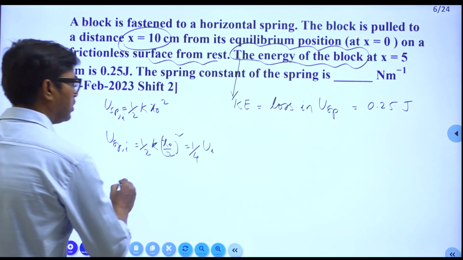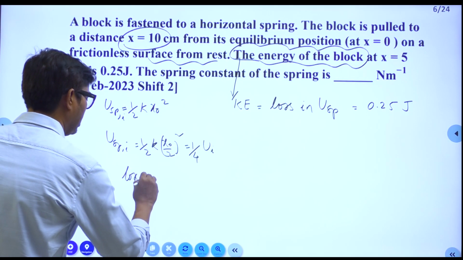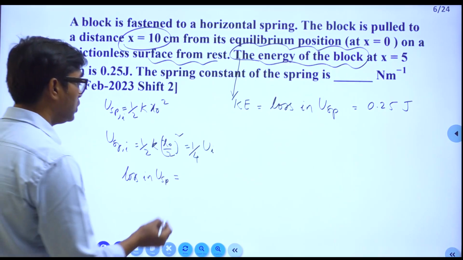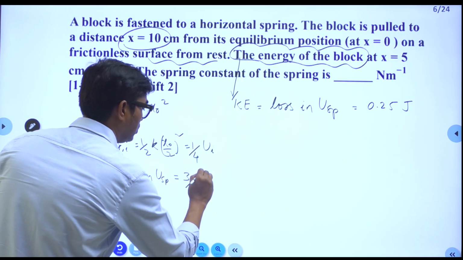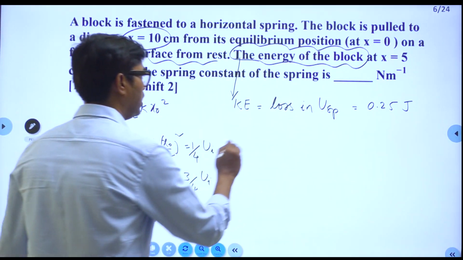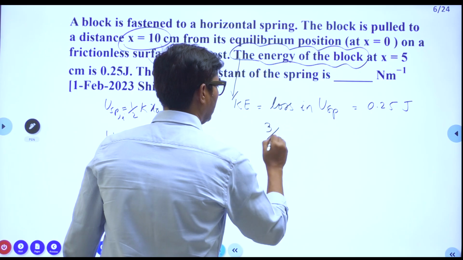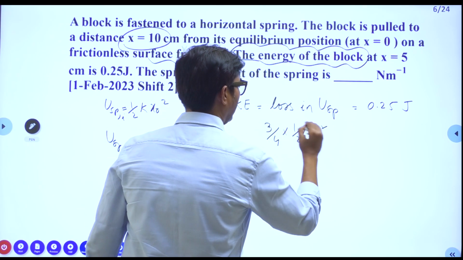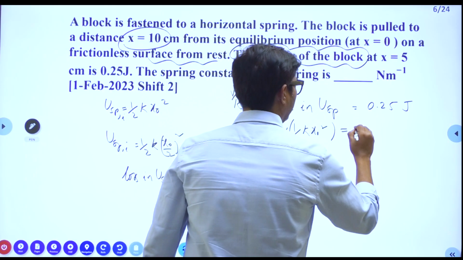Then the loss in spring energy will be 1 minus 1 by 4, that is 3/4 of the initial energy. So 3/4 of the initial energy is 0.25. So if I substitute there, 3/4 into half k into x naught square equals 0.25.